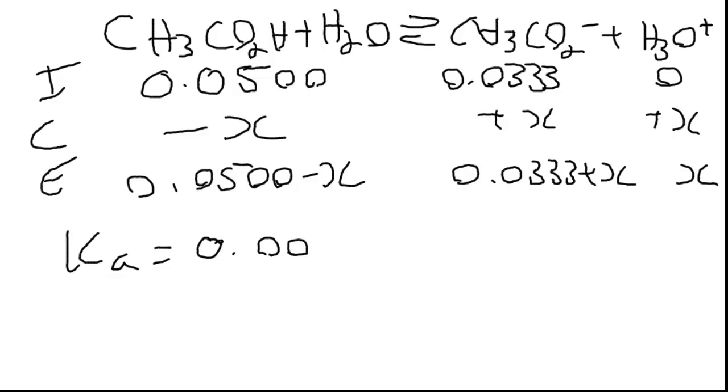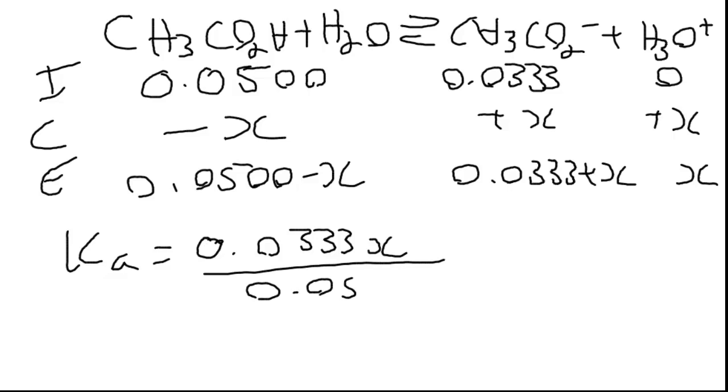Ka is going to be the concentration of the products, 0.033 x, divided by 0.05, and we know the value of Ka is 1.75 times 10 to the minus 5.